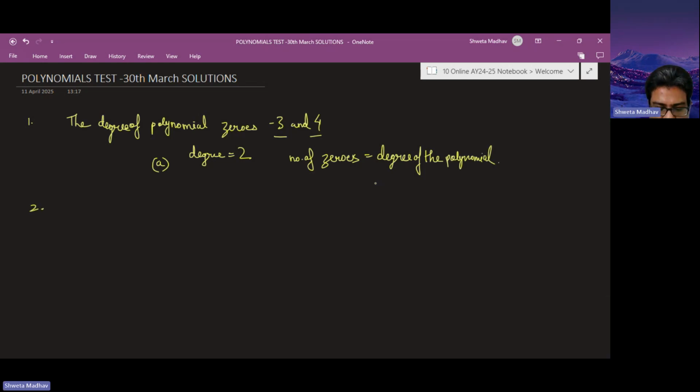Then in the second question, it has been told: the quadratic polynomial, the sum of whose zeros is -5 and their product is 6, is.